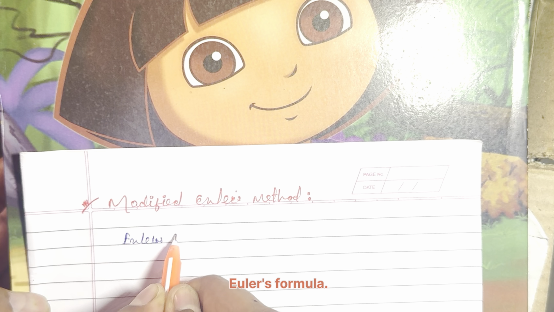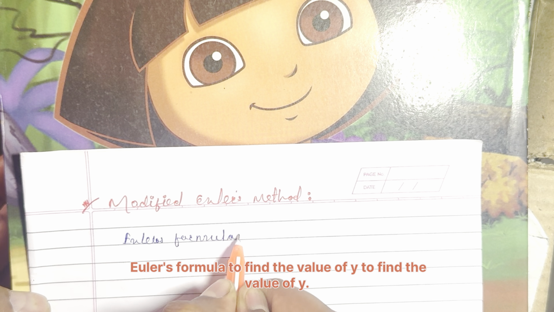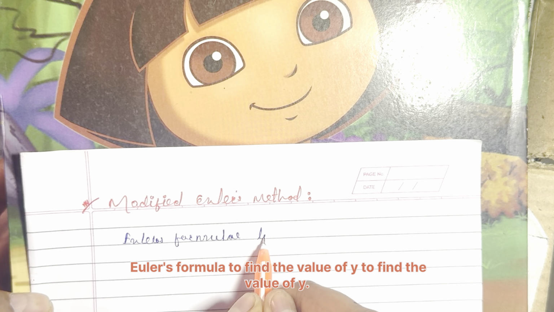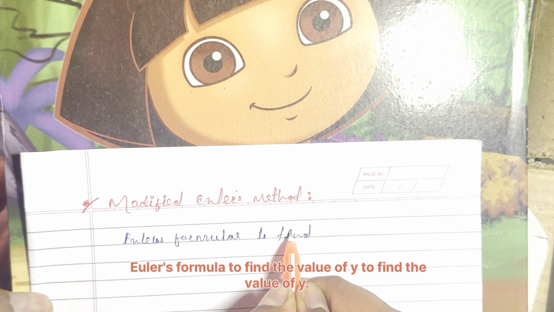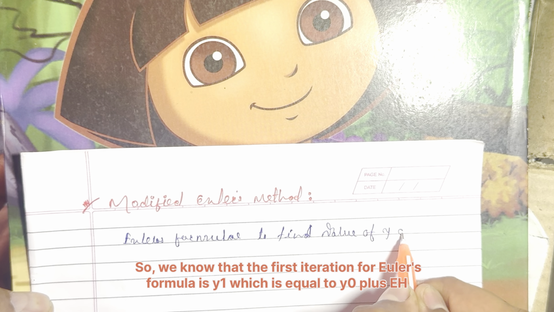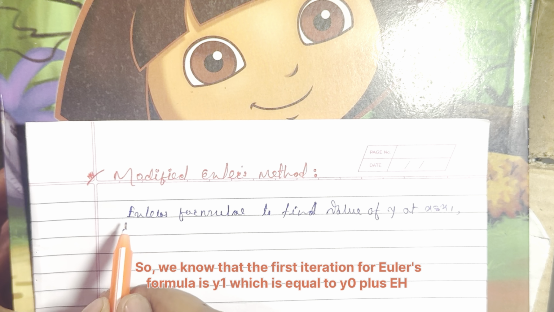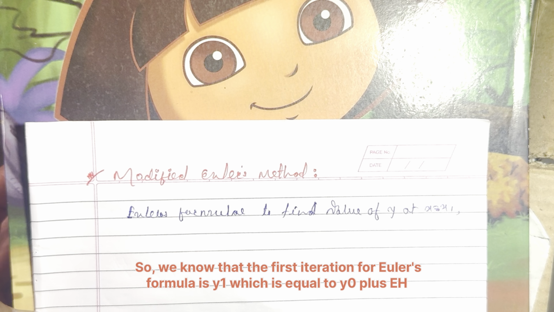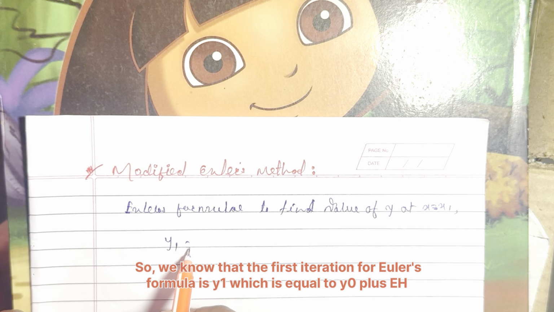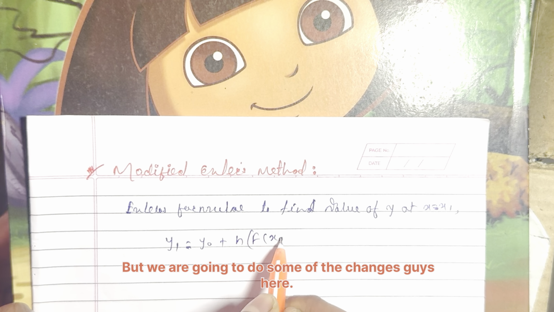Euler's formula to find the value of y at x equal to x1. So we are taking Euler's formula to find the value of y at x equal to x1. We know that the first iteration for Euler's formula is y1 equals y0 plus h times f of x0, y0.